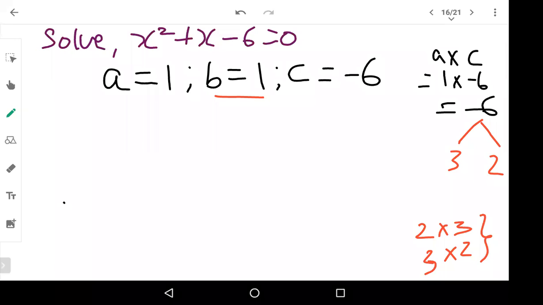You can actually take plus 3 minus 2 also. One of the numbers should be minus. If you take minus 3 plus 2, you'll get minus 1. Correct? You'll get minus 1.